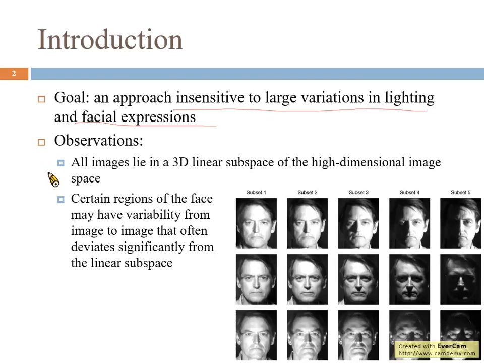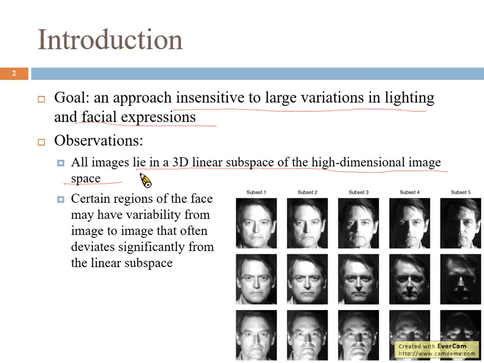The first observation is that all images would lie in a 3D linear subspace of a high-dimensional image space. That means we think that the distribution of the face image may not be as simple as a linear combination of some basic basis.